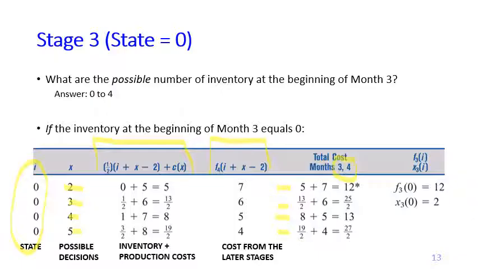So here the final column says that the best cost is 12, the best decision is 2, if the stage is 3 and the state is 0. So this 12 is $12, this 2 is 2 units.